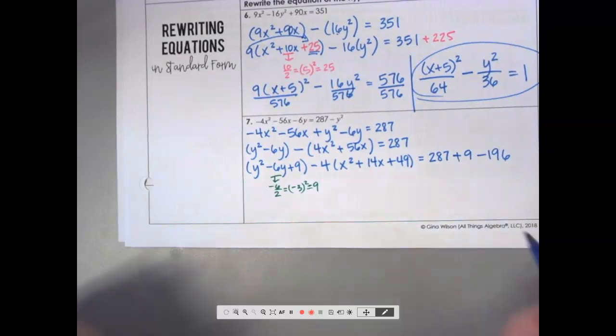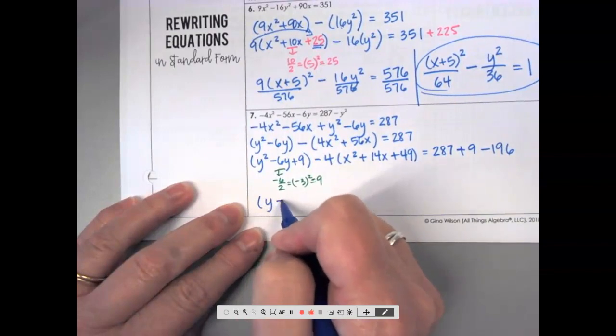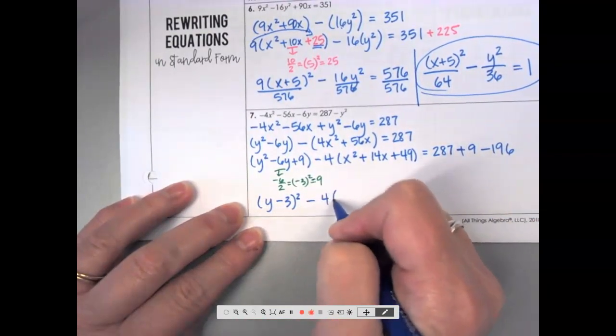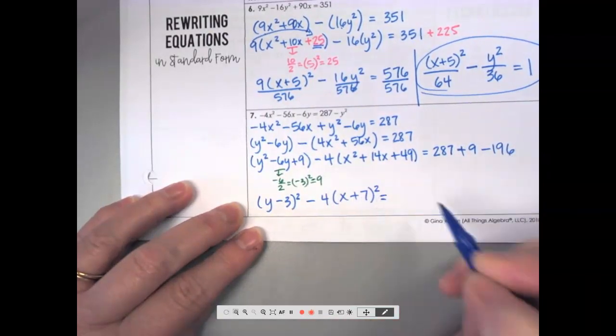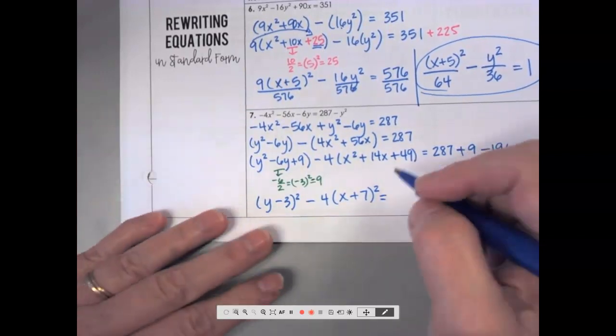Okay, so next step, I'm going to do the factoring. (y minus 3) squared minus 4 times (x plus 7) squared equals, let's see, 287 plus 9 minus 196, 100.